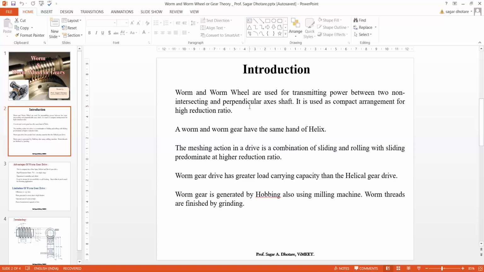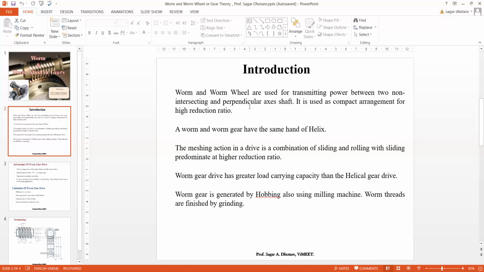The meshing action in the worm and worm wheel drive is a combination of sliding and rolling. Sliding predominates at high reduction ratios, as the axes are non-intersecting as well as perpendicular. Both actions occur based on the angular movement.